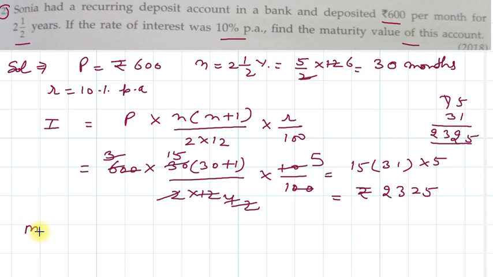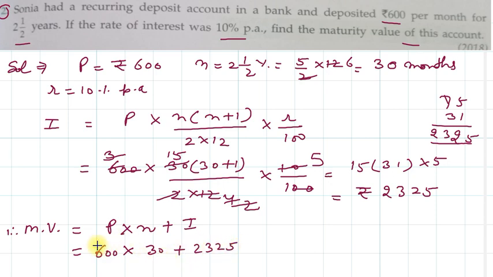So the matured value or maturity value is P into n plus I. P is what? 600 into n is what? 30 plus I is what? 2325, calculated by us again by BODMAS.